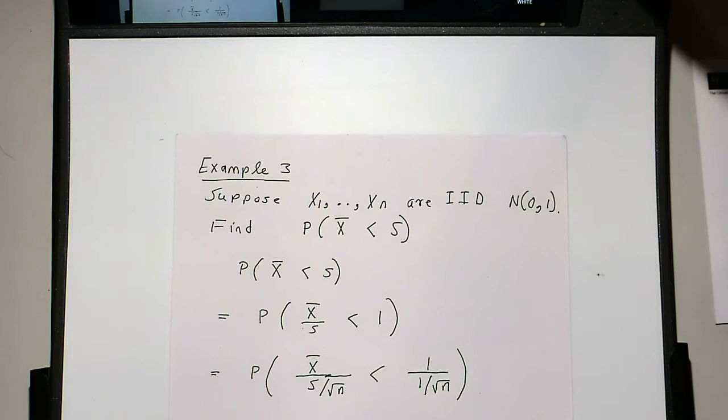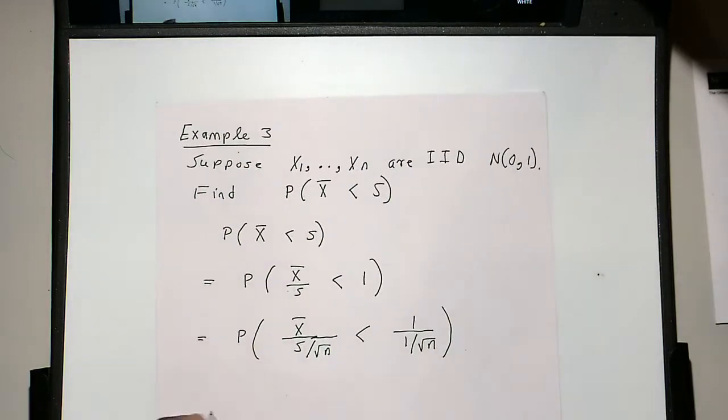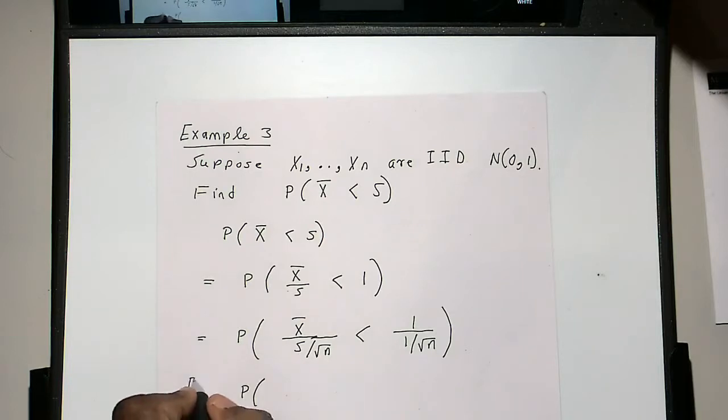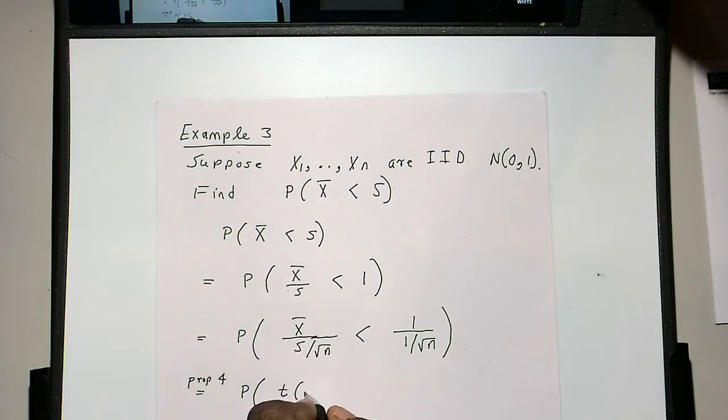Now this is the probability that, because of property number 4, which is this one, this guy must have a t distribution with n minus 1 degrees of freedom, and this guy here is equal to root of n.